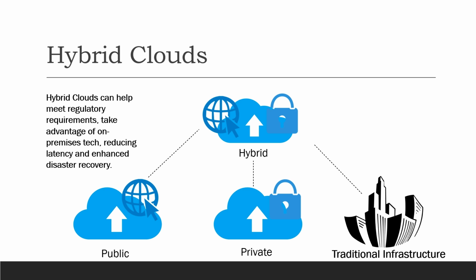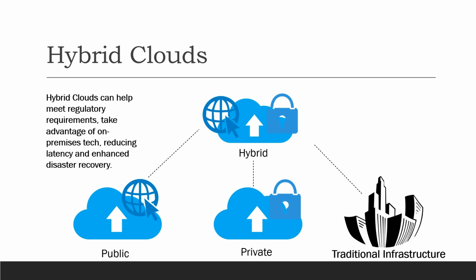And if you're still confused, think of a hybrid car. Let's just say there's a gas car, a diesel car, and there's also an electric car. Pretend you combine these two and you make a hybrid car. That's exactly what a hybrid cloud is.